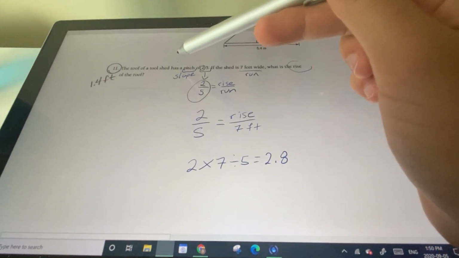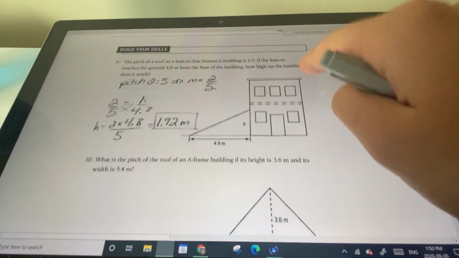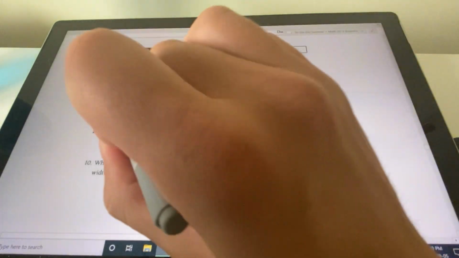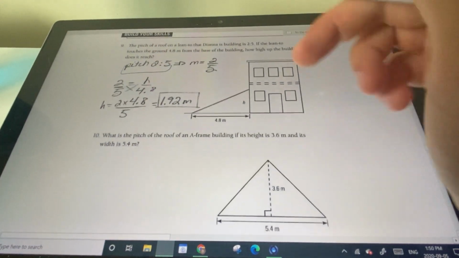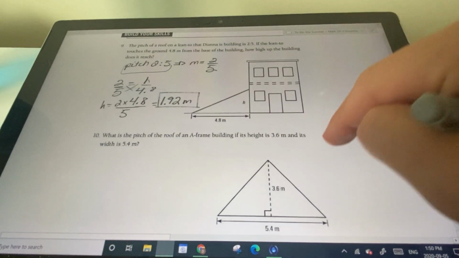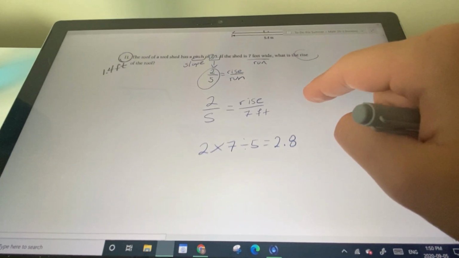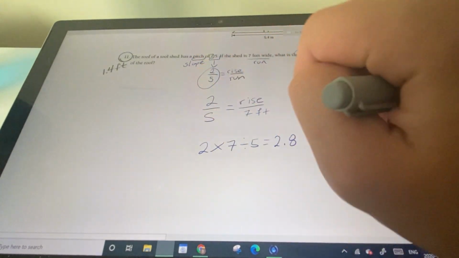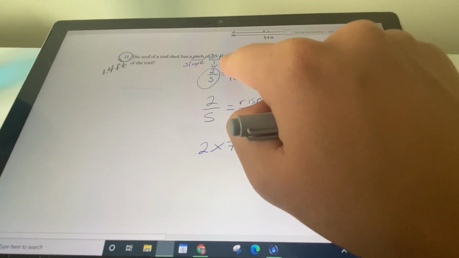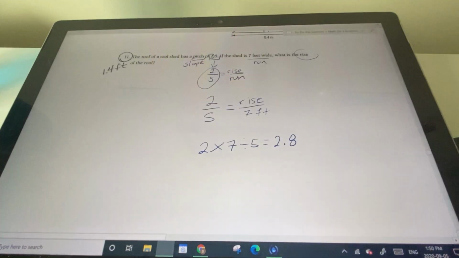Let me just check my understanding really quickly. Even I make mistakes once in a while. So see, they just converted pitch to slope. Super simple, right? And then if you know how to deal with slope, you're good to go. The roof of a tool shed has a pitch of 2 to 5, which is simply 2 over 5 in terms of slope. If the shed is 7 feet wide, what is the rise of the roof?